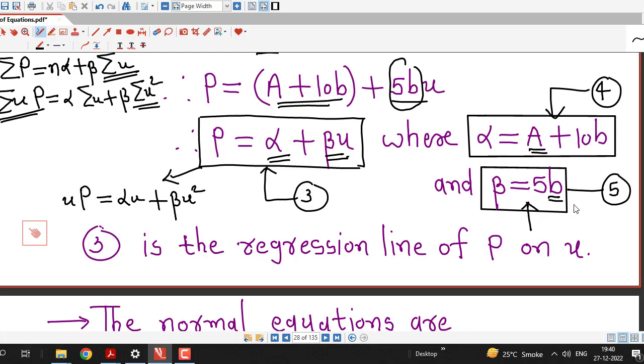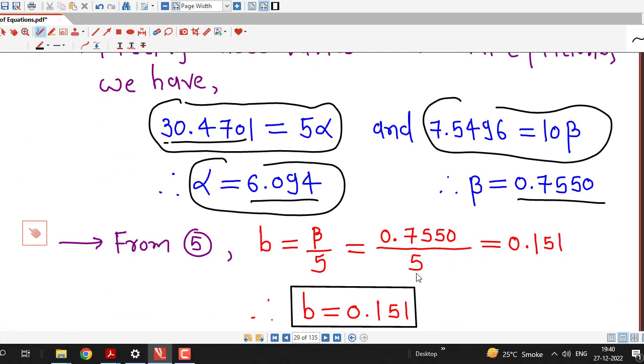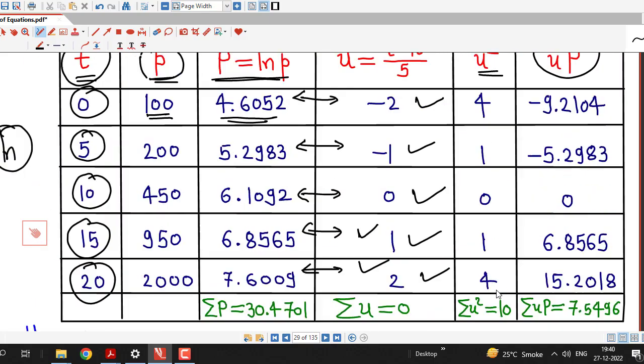From equation number 5, small b equal to beta divided by 5, and now we have value of beta. So we divide value of beta by 5 and we obtain small b equal to 0.151.